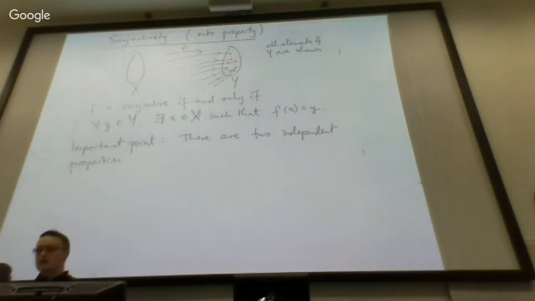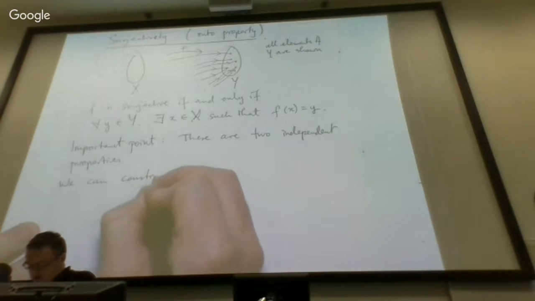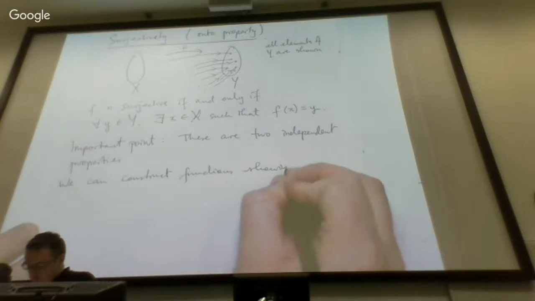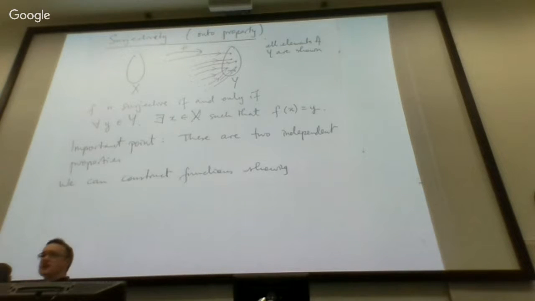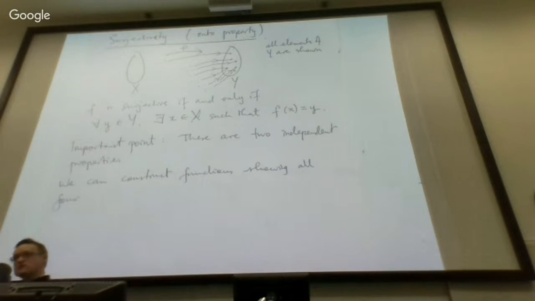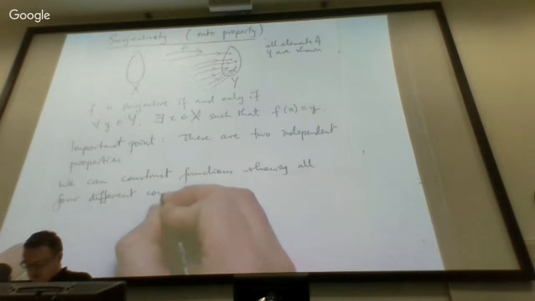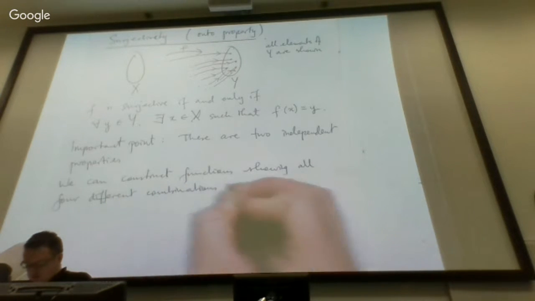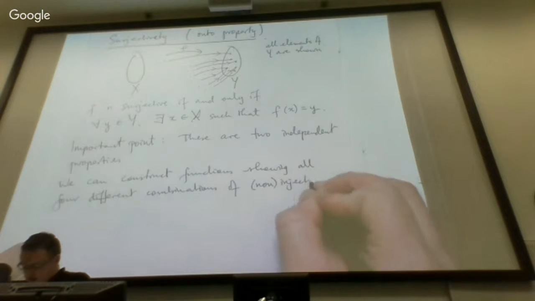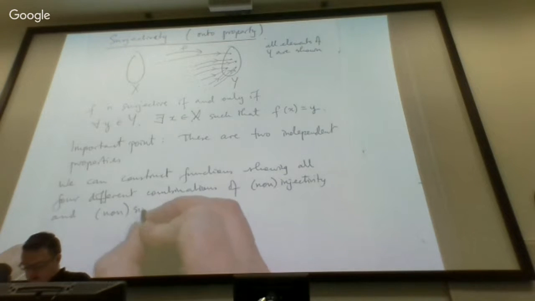So all of the four combinations, we can construct functions showing all four different types of behavior. Obviously, any one function can only show one type of behavior, but all four different combinations of injectivity or non-injectivity and surjectivity or non-surjectivity.